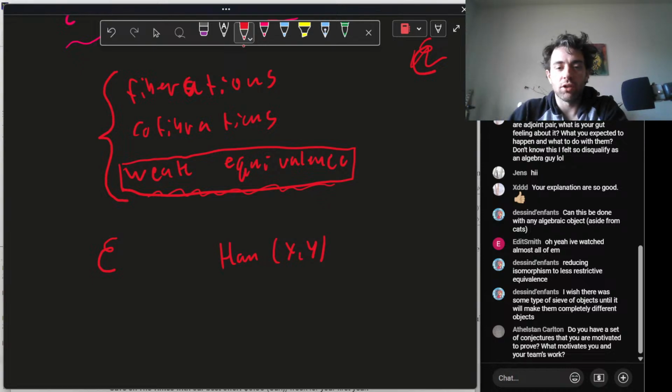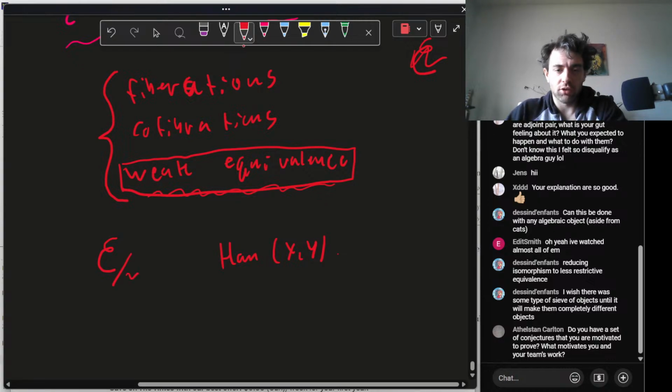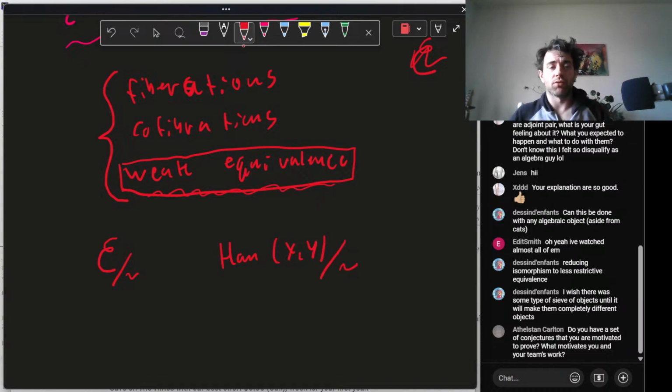Then you can form a new category, which is called the localization. I'll just write it like this. There are other notations, but you basically collapse all of those maps under an equivalence class. So you can do this in all sorts of worlds, algebraic or analytic.